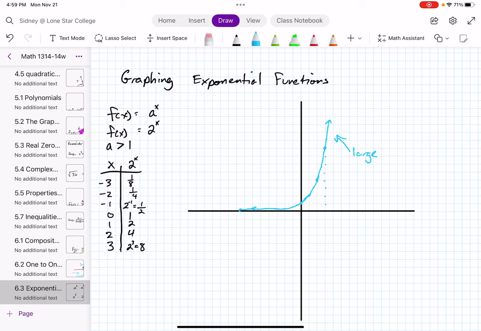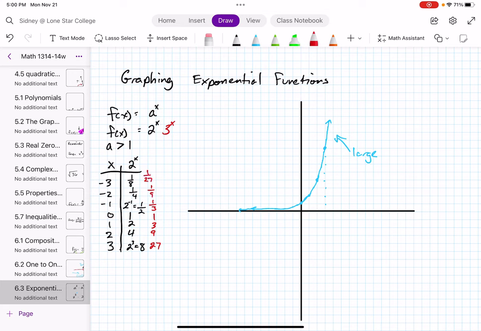Now, if I were to change this to be 3 to the power of x, all these values would change, but they would behave really similarly. 3 to the power of 0 would still be 1, but 3 to the power of 1 would be 3, and then it would be 9, and then 27. And then it would just be 1 over 3, 1 over 9, 1 over 27.